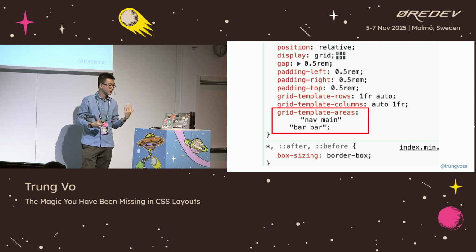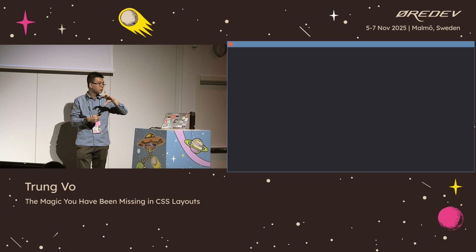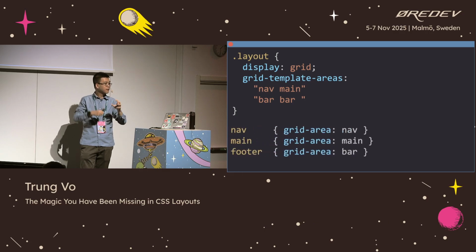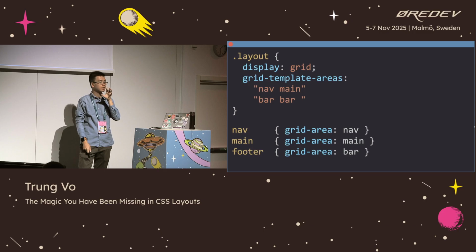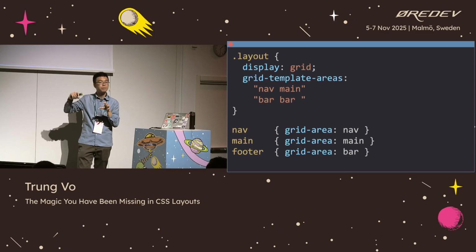Does it make sense? The way for us to construct it is you put in this template area, you're going to have 3 children. And then each of the children is going to define something called grid area. That is the name that you've seen before, right?